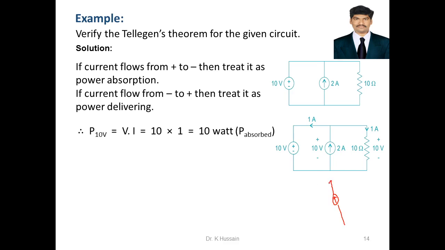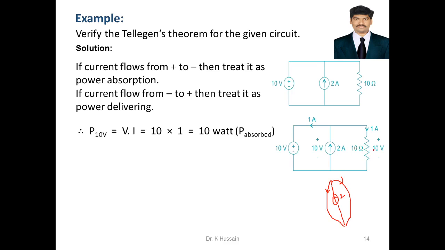And on the right hand side, you can see this is 2. It is splitting here into 1, because this one is given as 10 volts and this must be 10 volts only. So the resistance is 10 ohms. Product, it is V equal to IR. I, how much is it?